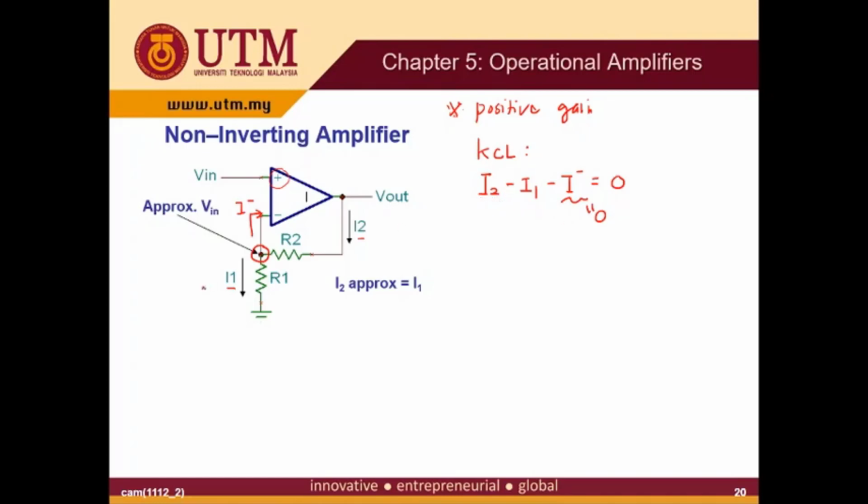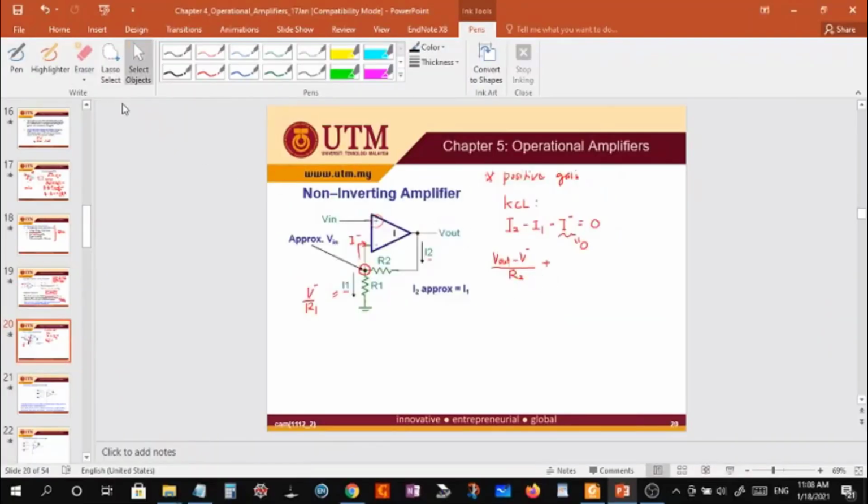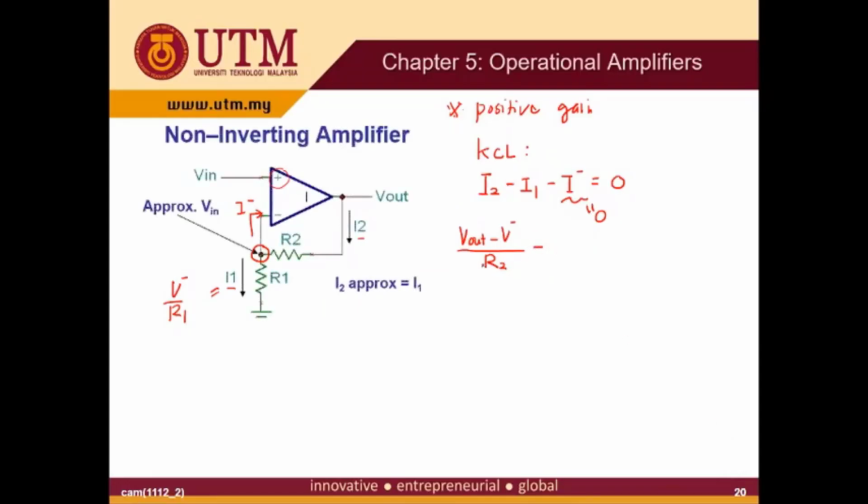I2 can be expressed as V out minus V minus over R2. For I1, it is V minus over R1.